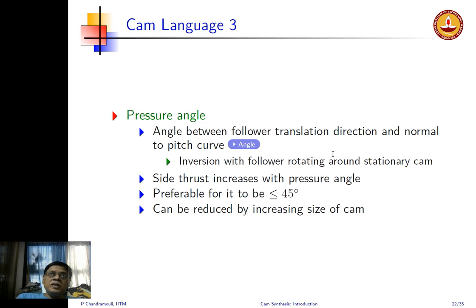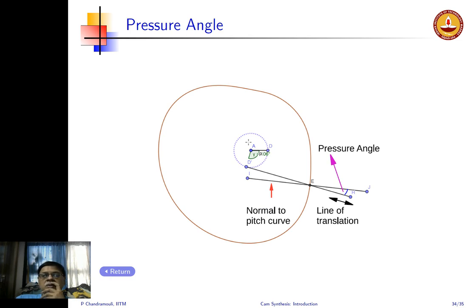Okay, the next term that we are going to introduce is what is called pressure angle. This is an important design parameter. Basically, it is the angle between the follower translation direction and the normal to the pitch curve. Here I have just drawn some kind of a pitch curve. You can see this is the line of translation, and this is the normal to the pitch curve.